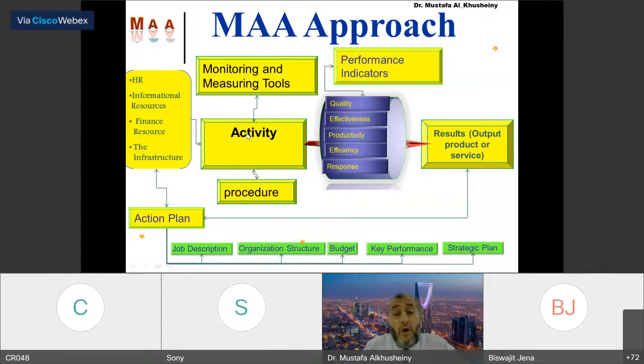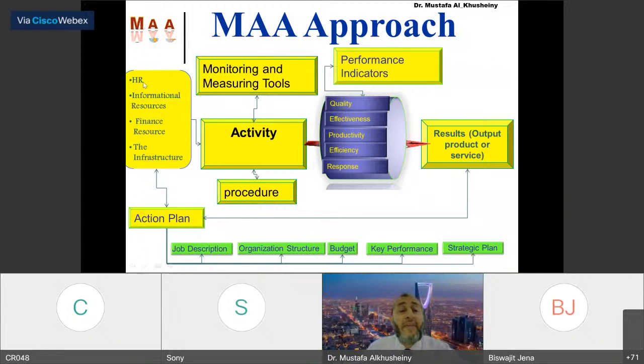All these people will be under the HR resources. And this will be one part of the inputs for the activity, as there are informational resources, financial resources, and infrastructure. All of these inputs affect the outputs, and affect the efficiency of the procedure itself.